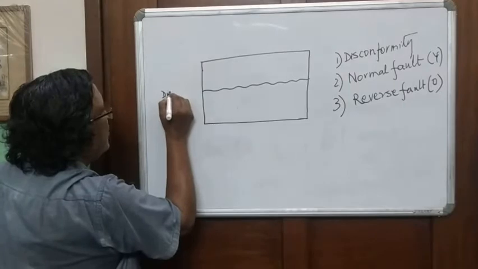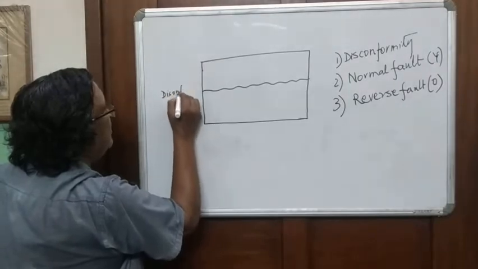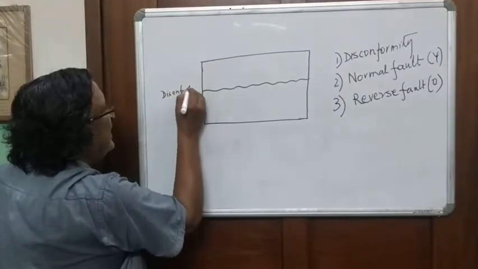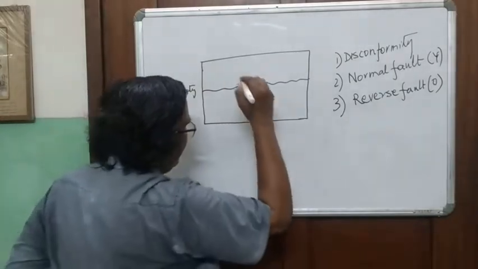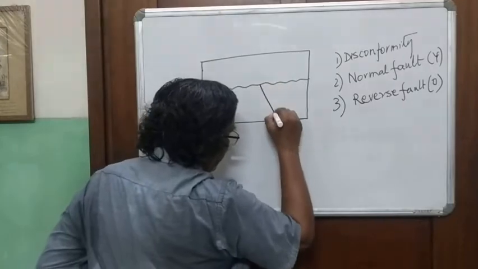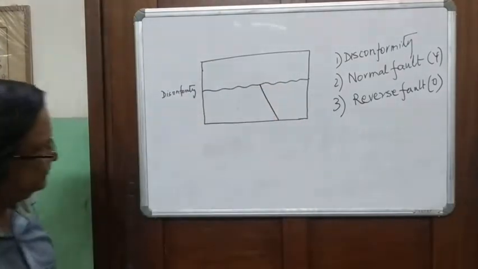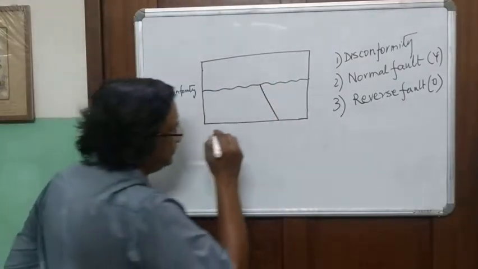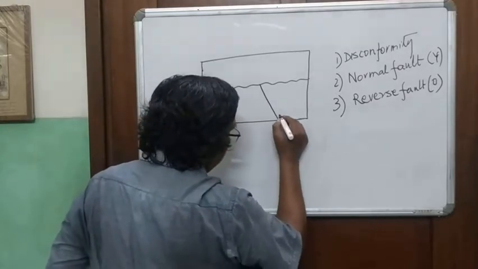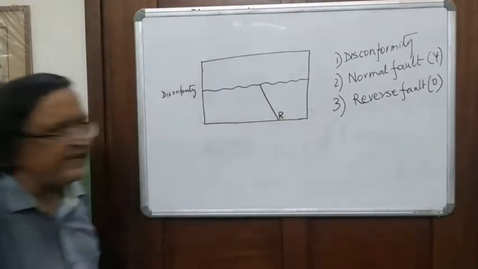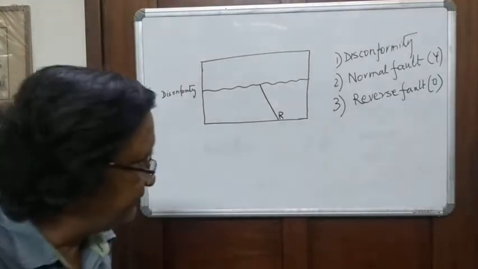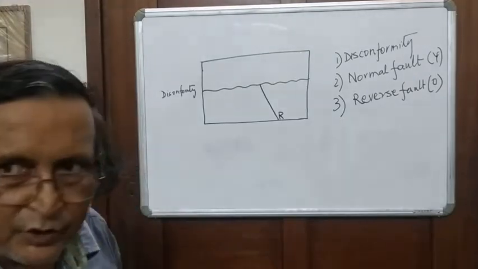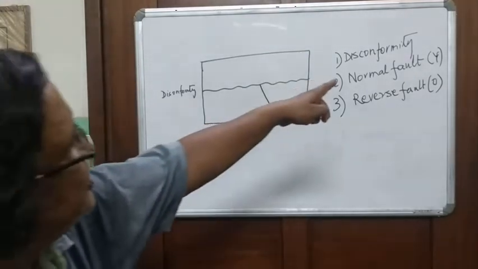Do you understand? You follow what I am doing. This is a reverse fault. Have you understood? It's a reverse fault. How will I draw the normal fault, which is younger?